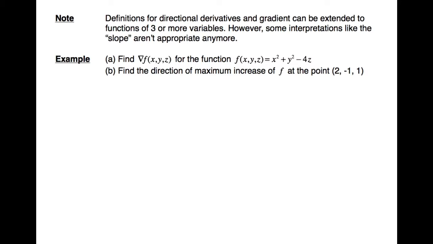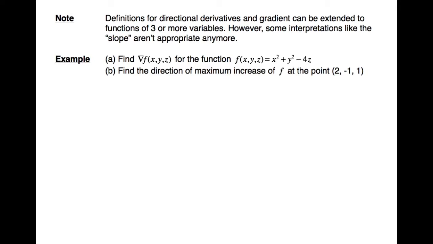So we would have coordinates x, y, z, which describe the position of the point in 3D, and the fourth coordinate, t, which would give the temperature. If we're looking at where the temperature is increasing the fastest, it doesn't make any sense to talk about slope. But the idea is the same.